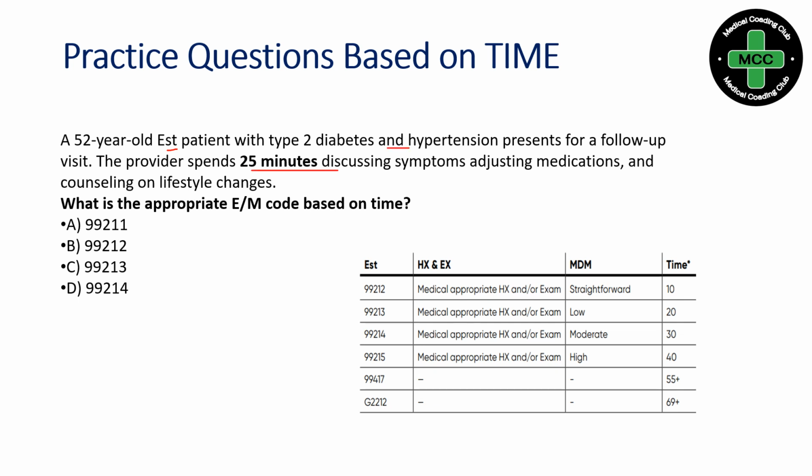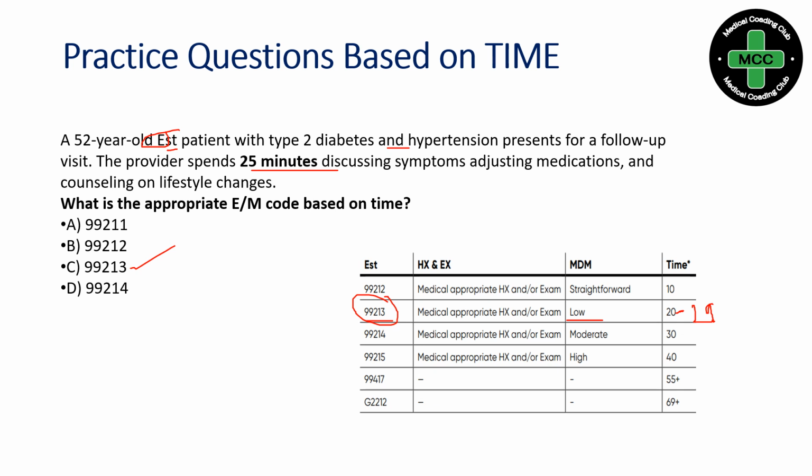Provider spends 25 minutes. Established patient, 25 minutes. 99213. If you see 99213, low MDM and 20 to 29 minutes, up to 29 minutes we can take level 3. So 99213 will be the correct answer.